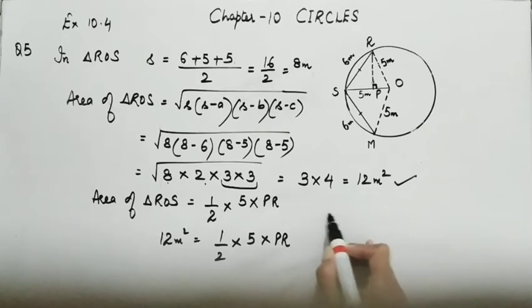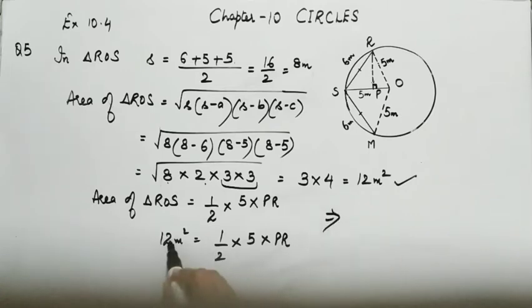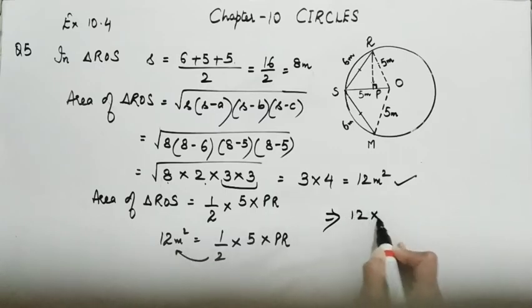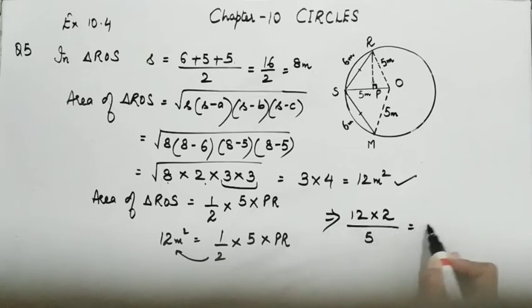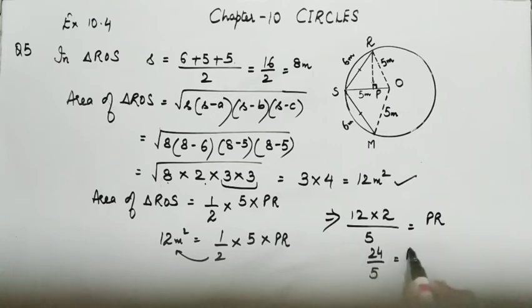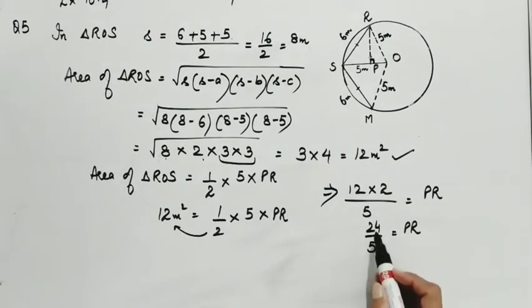That implies this is 12 into 2. This 2 goes up, 12 into 2 and this 5 comes down. This would be the length for PR. This is 24 by 5. PR is 24 by 5. 24 by 5 is 4.8. So 4.8 meters is the length of this altitude.